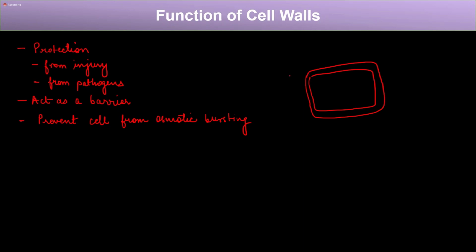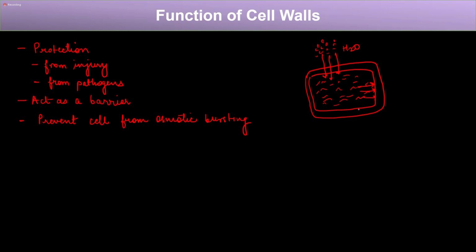Now if water molecules are in very high concentration outside the cell, they will start moving inside the cell. The concentration of water inside will increase, and it will put pressure onto the plasma membrane, right?